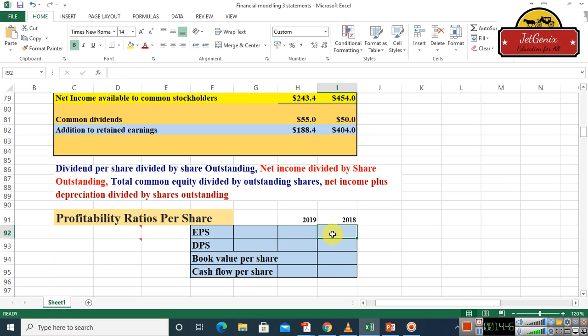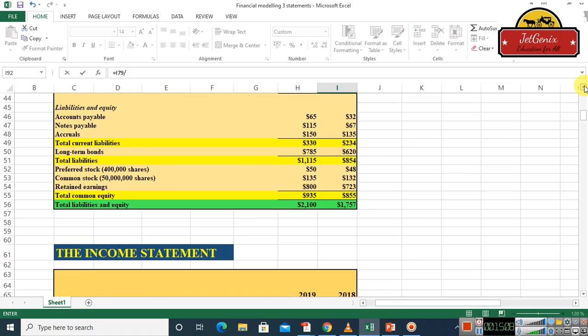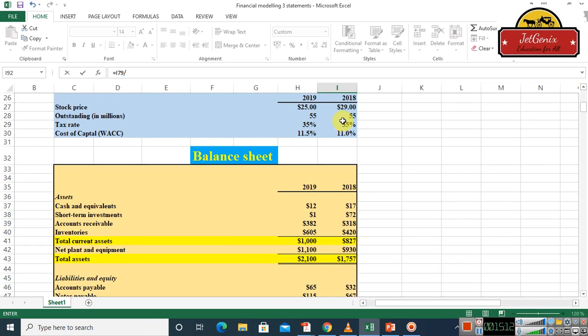So first of all, I am going to calculate the earning per share for 2018. Sorry, I will select the net income available to common stockholder, and I will divide this by the outstanding shares. And the outstanding shares, as I explained in my previous video, is here, the outstanding shares in million, that is 55.